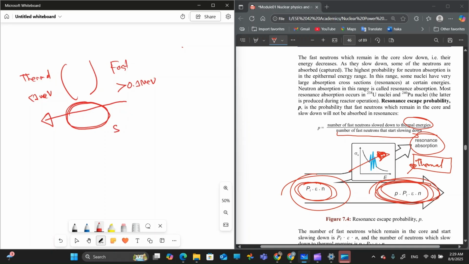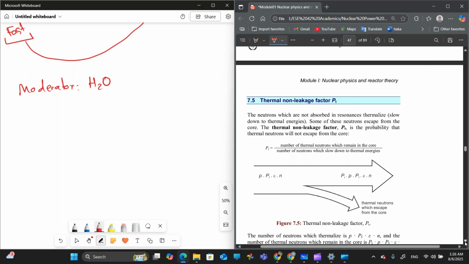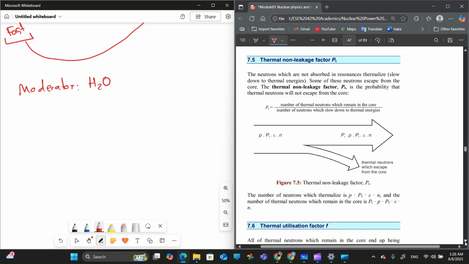So they start to slow down and some of them are absorbed, and then finally the remaining are slowed down totally to thermal level, which is explained here in this formula. Now we have the thermal neutrons.